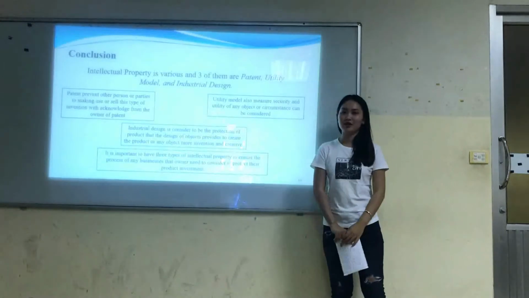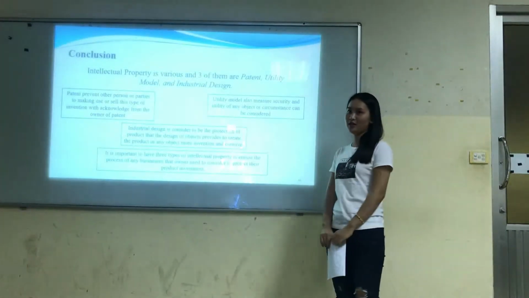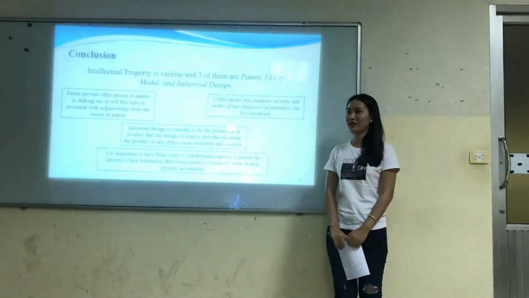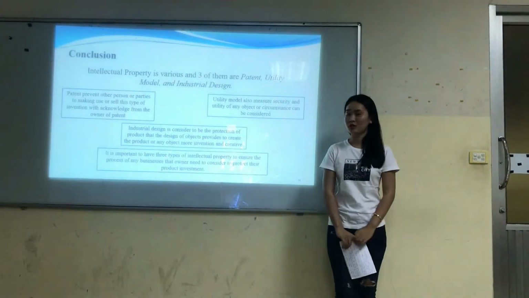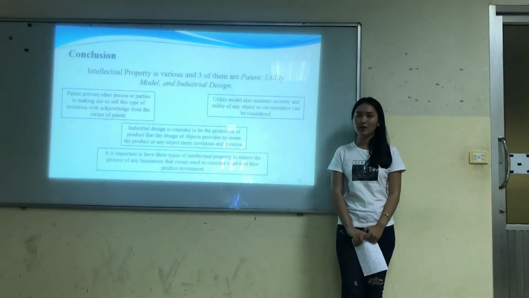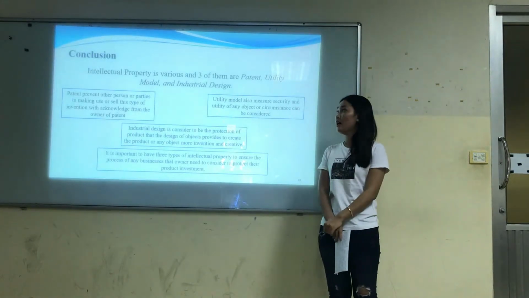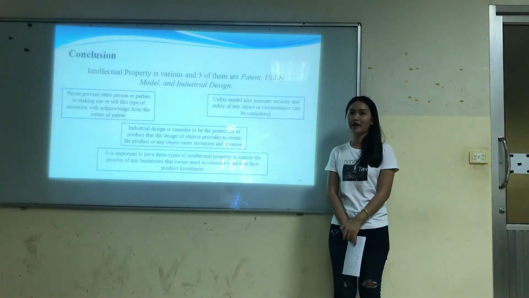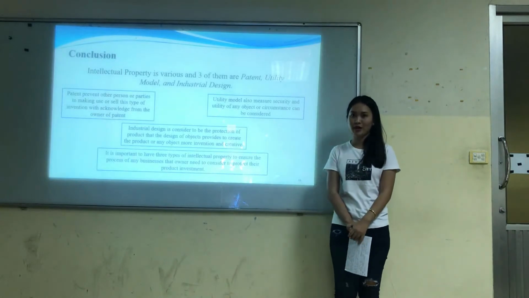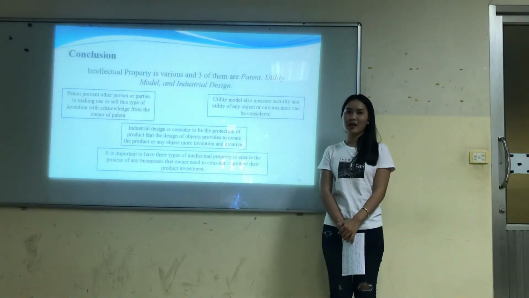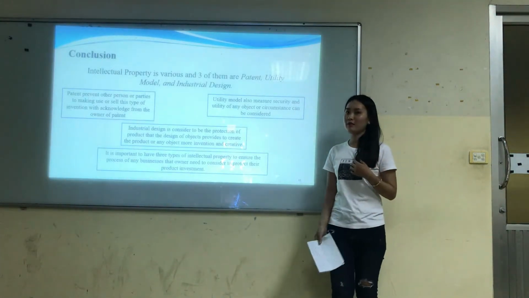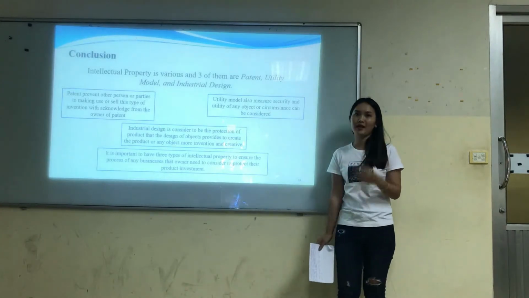Okay, now our presentation has reached the conclusion, and I would like to briefly talk about the three types of intellectual property. The first is patent. A patent prevents other persons or parties from making, using or selling this type of invention without acknowledgment from the owner of the patent.